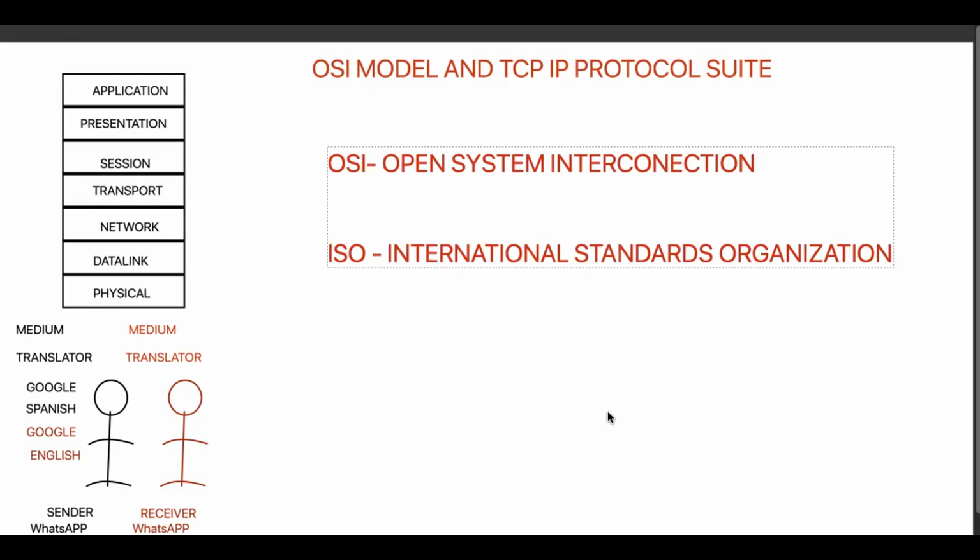This model is a layered model. It is a theoretical model. It's not a device, not a physical item that you should expect to perform some kind of function in networking. It is more of an ideology, an understanding of how the network functions.